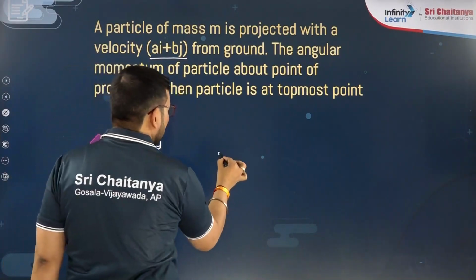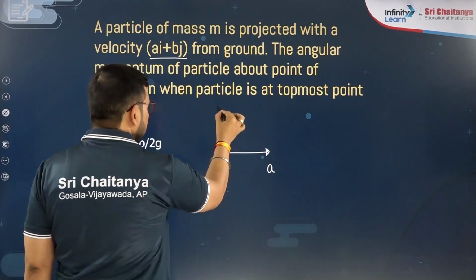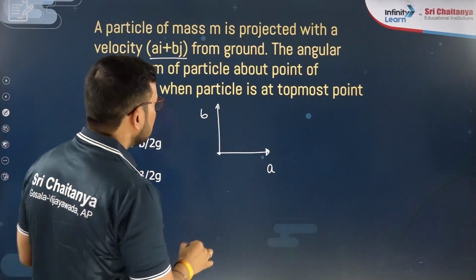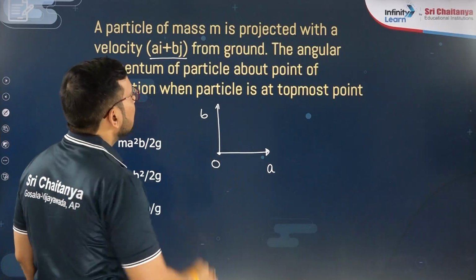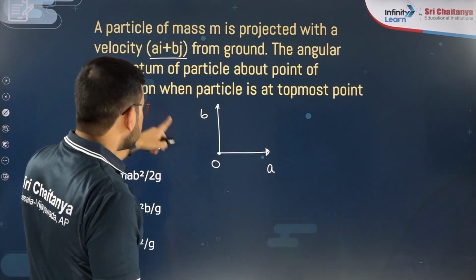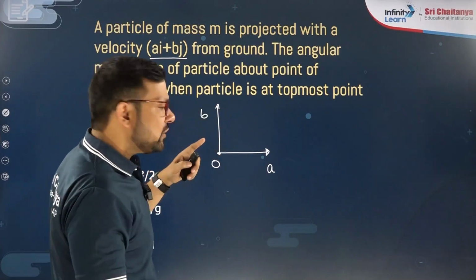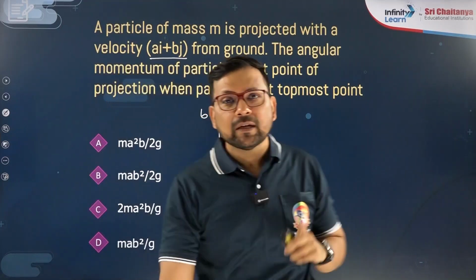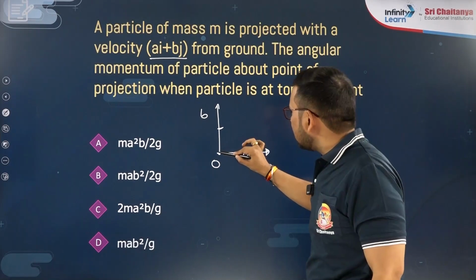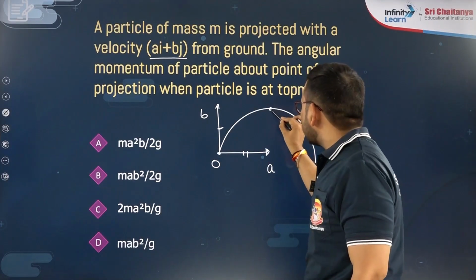So it means there is a quantity, x-axis velocity is A and y-axis velocity j cap is B, from ground. Let's say this is origin. The angular momentum of particle about point of projection, means about O, when particle is at topmost point. Kind of a projectile question, isn't it? Projectile question, x component is there, y component is there, it will move like this and particle is at highest point.